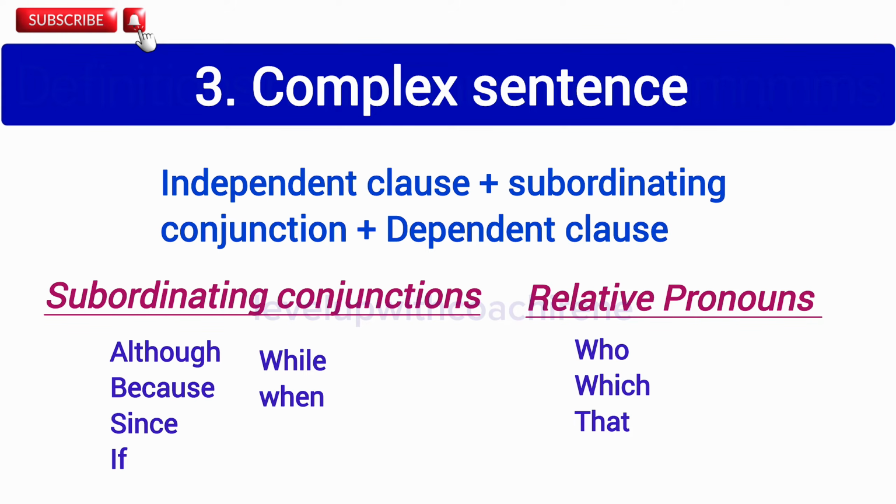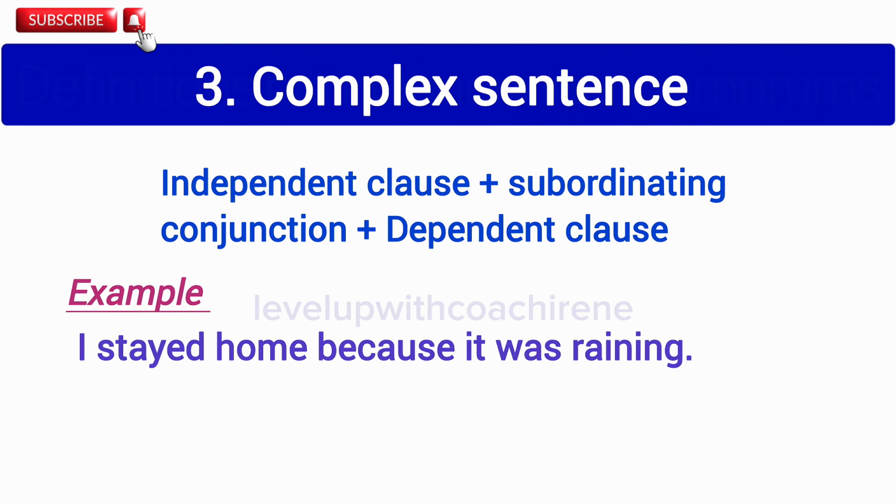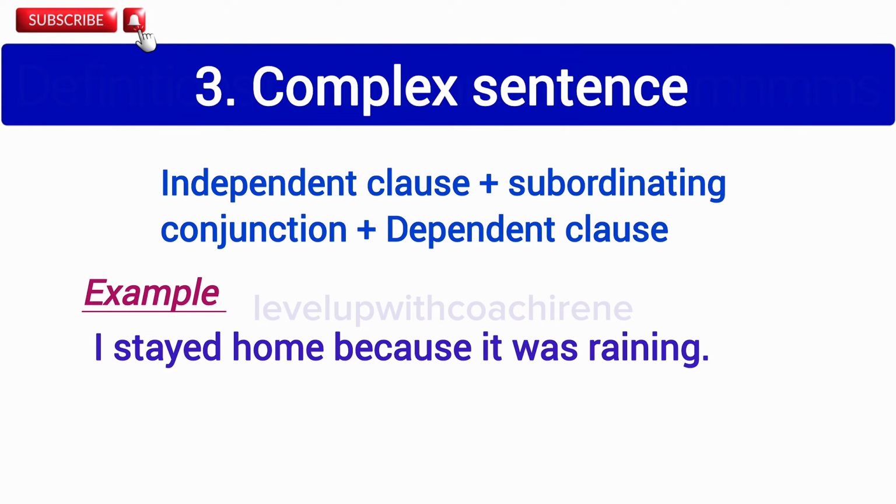It is formed with an independent clause plus a subordinating conjunction plus a dependent clause. For example, I stayed home because it was raining. The independent clause in the sentence is I stayed home, whilst the dependent clause is because it was raining, as it cannot stand alone. The subordinating conjunction in this sentence is because.